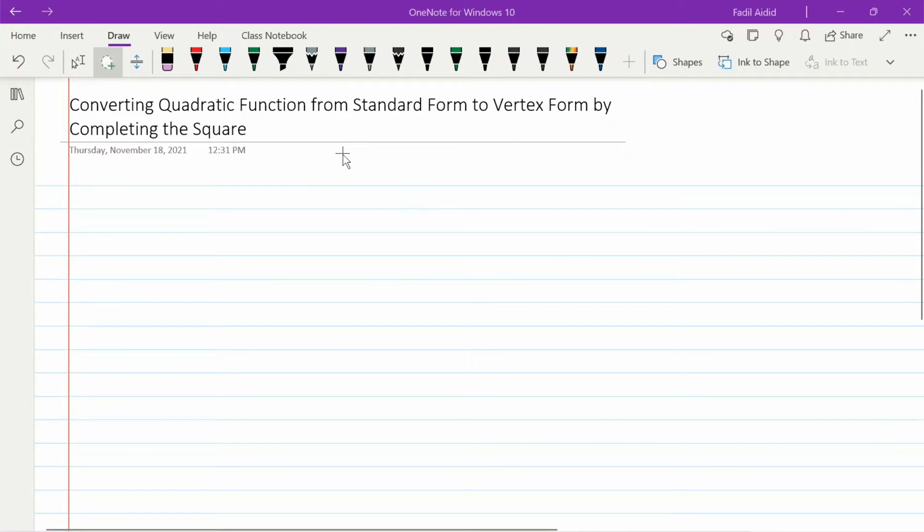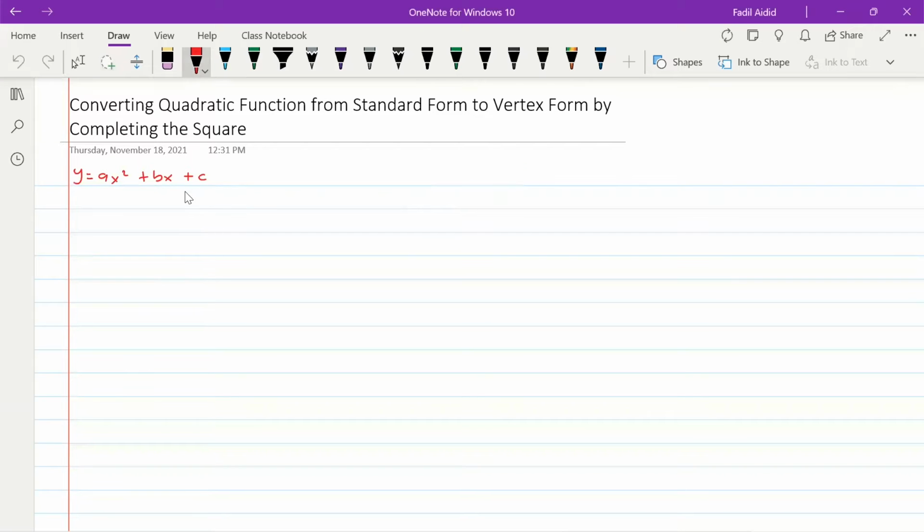In this video, I'm going to explain how to convert a quadratic function from standard form to vertex form by using the completing the square method. As you know, the quadratic function in standard form is y equals ax squared plus bx plus c. This is standard form.